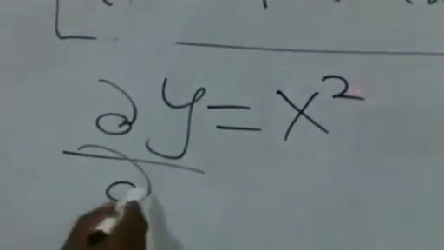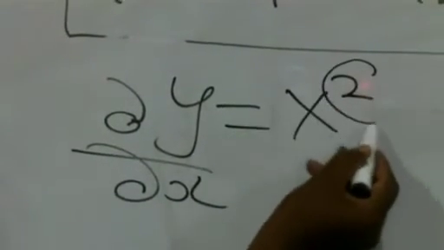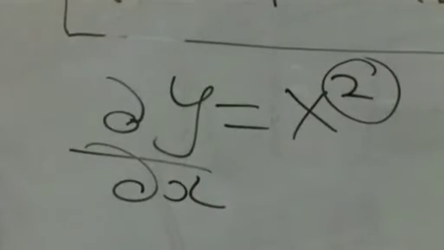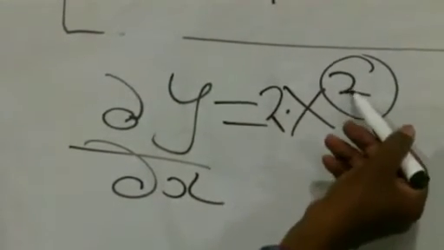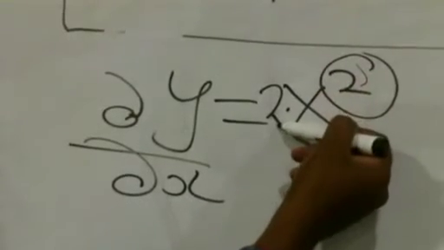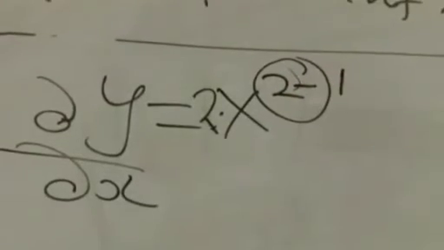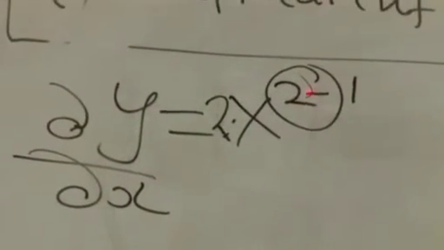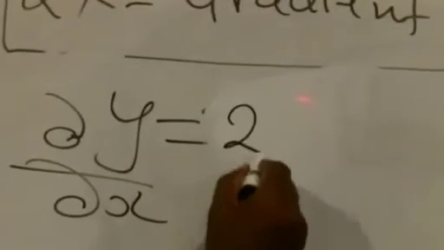For dy over dx, we take the superscript and multiply it with the number here. So this superscript is 2. We multiply down here by that superscript and we subtract 1 from that superscript. I'll repeat again. We take the superscript here on x squared.